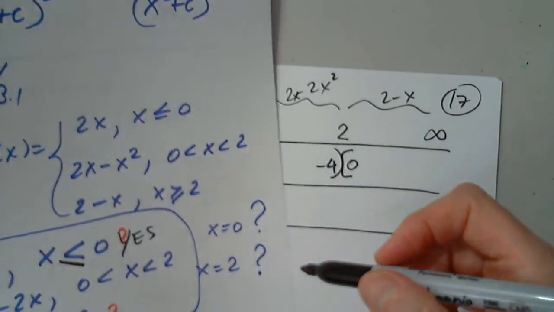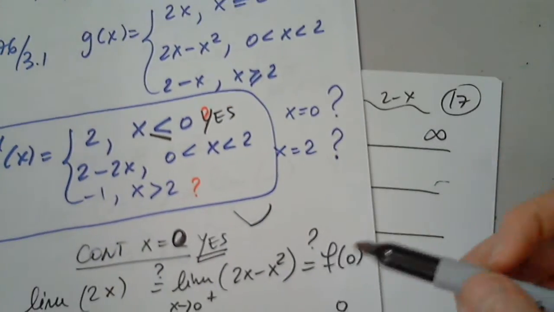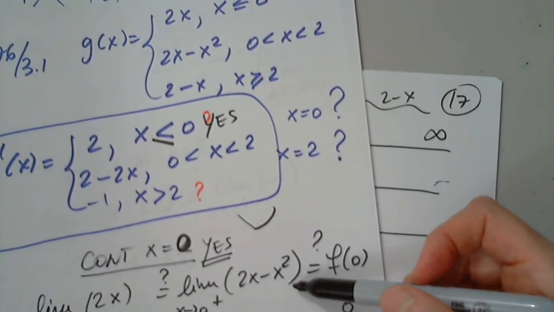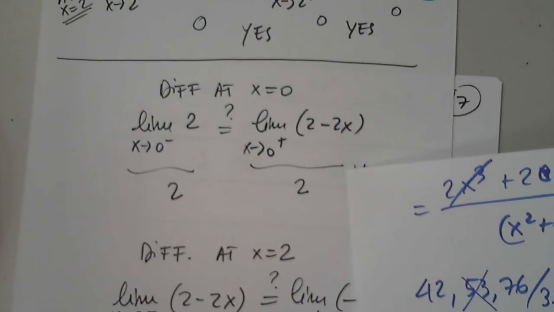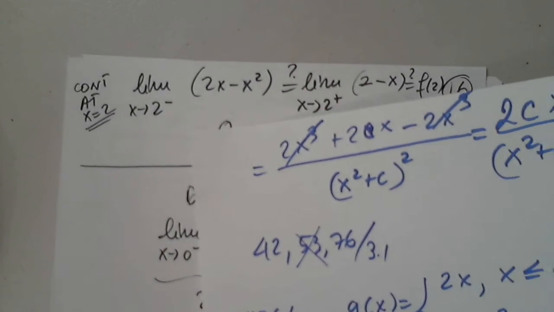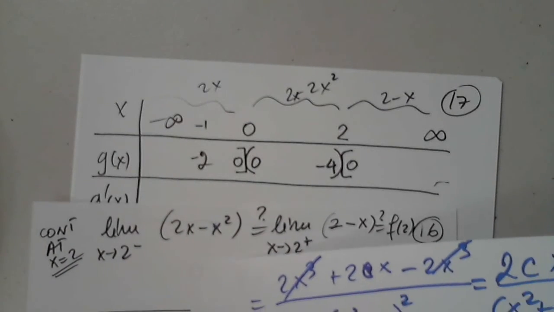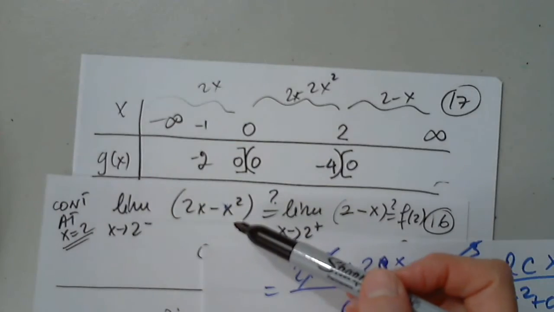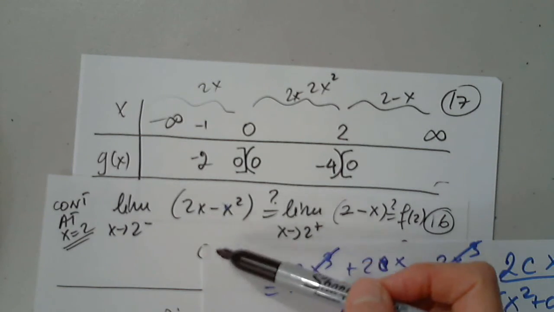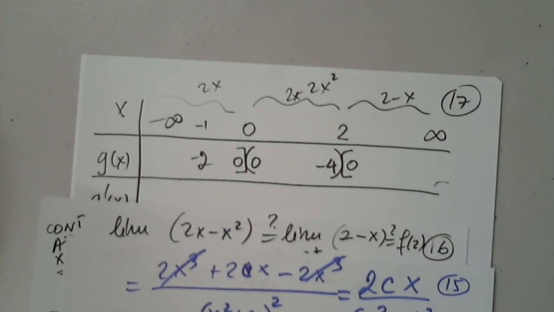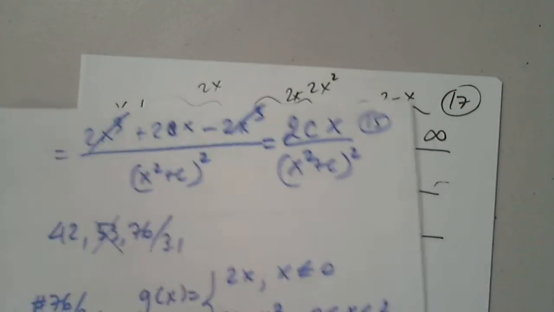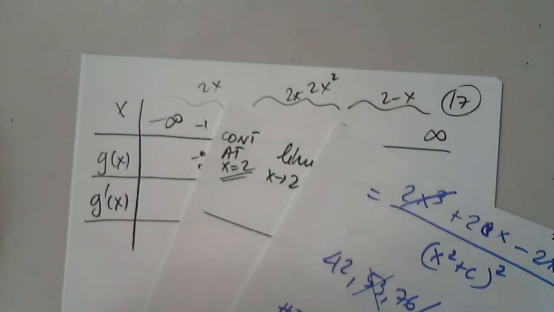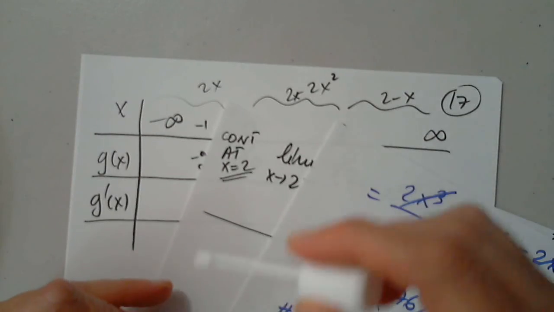Oh, wait, what did I do? It was continuous. It was continuous at 2. Did I do something silly here? No, 4 minus 4 is 0. So what did I do here? I know what I did.